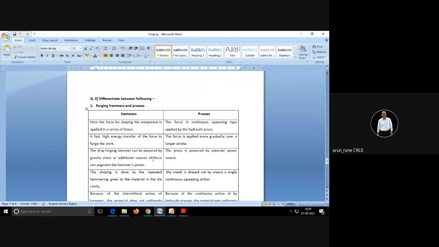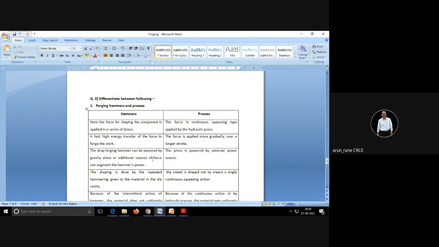Then there is the forging hammer and press. Press is different and hammer is different. You might have used a hammer in your first year, but unfortunately it was online.